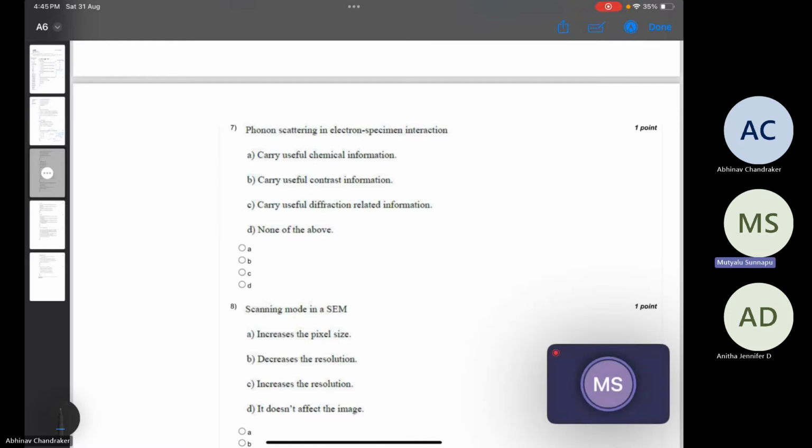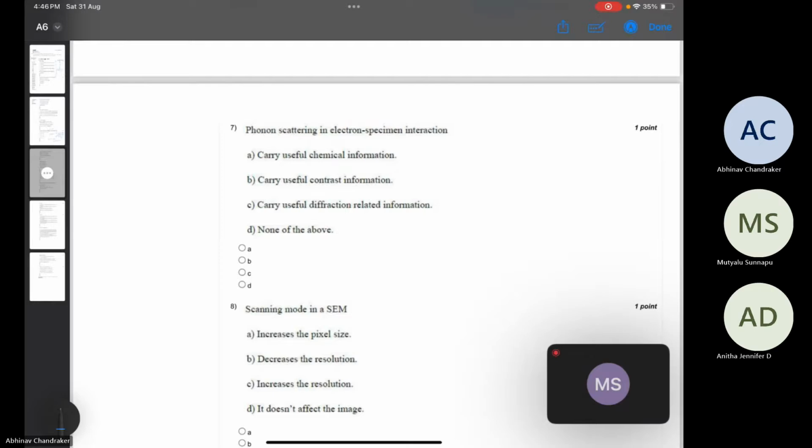Does it carry useful chemical analysis information, useful contrast information, or useful diffraction-related information? This is the question.